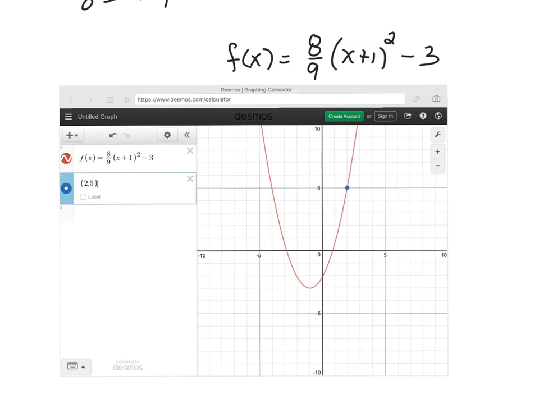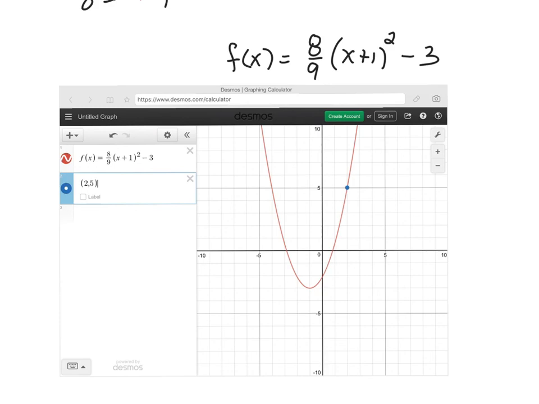And if I look at my graph, if I find -1, so this is 0, this would be -1, and I go down 3, so that would be (-1, -3). Looks pretty good that this would be the vertex of my parabola. And so this equation satisfies all the information that I want. It has a vertex of (-1, -3), and it does pass through the point (2, 5).